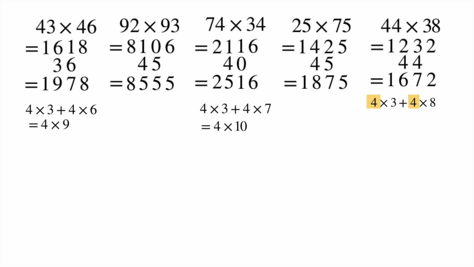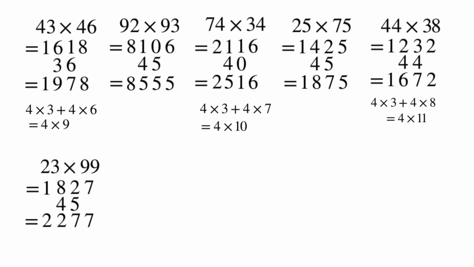Both have 4. Once again. Left times left. A twin times known twin sum, 9 times 5. Next example.